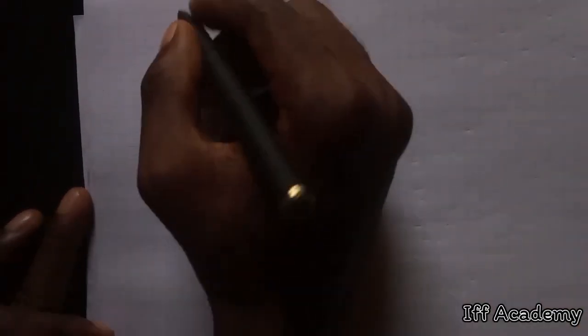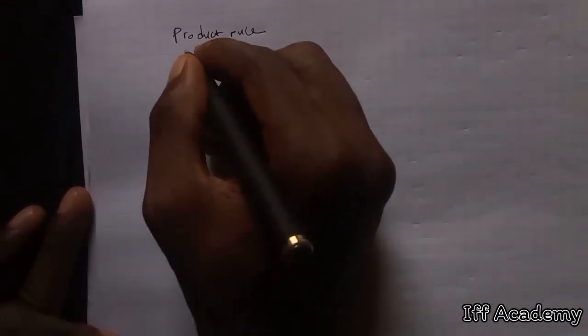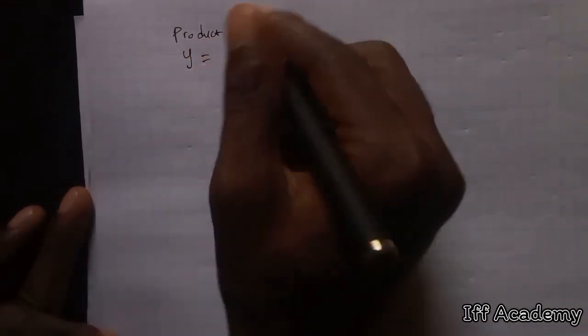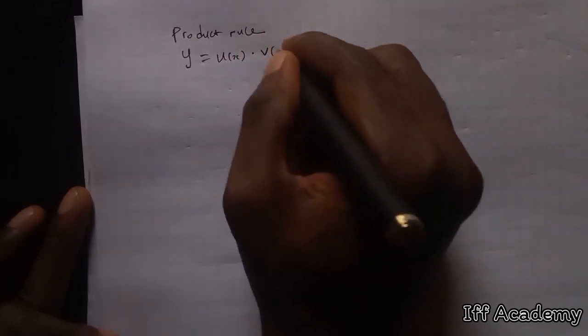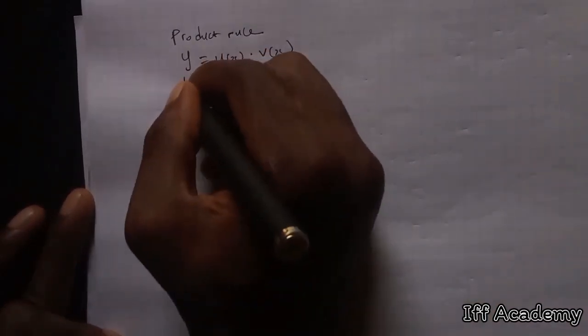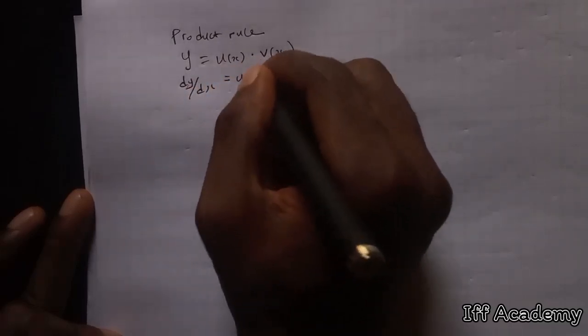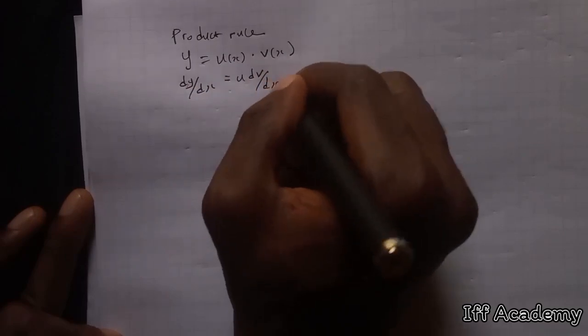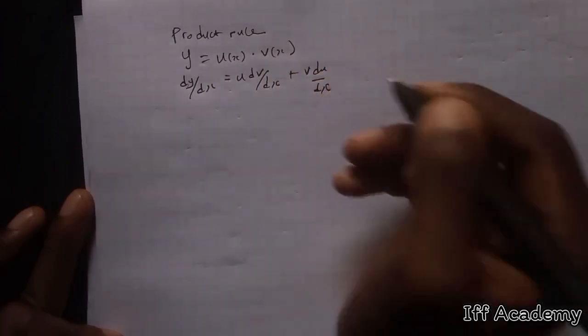So for the product rule, if y is equal to u of x times v of x, dy over dx will be equal to u dv over dx plus v du over dx, right?